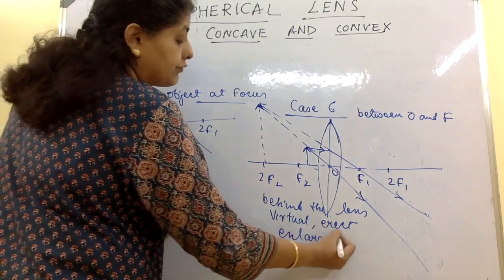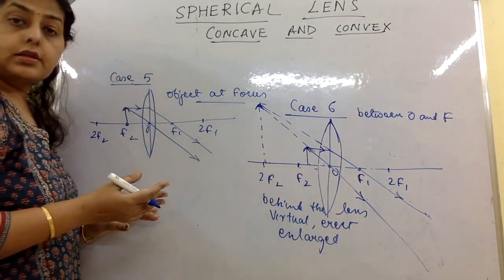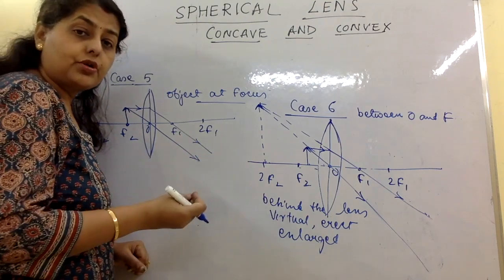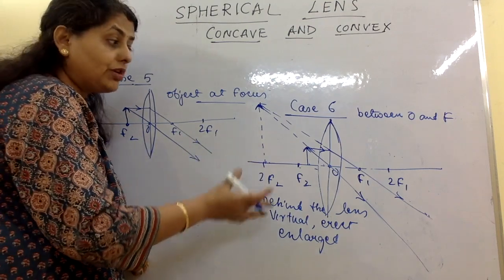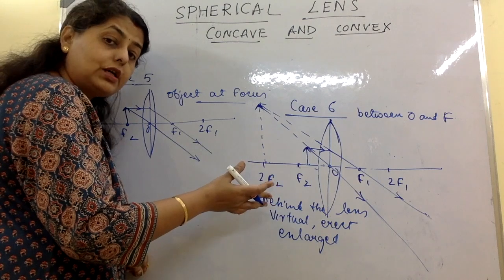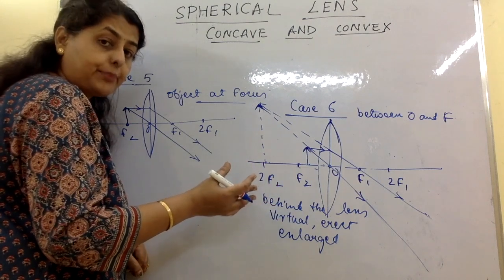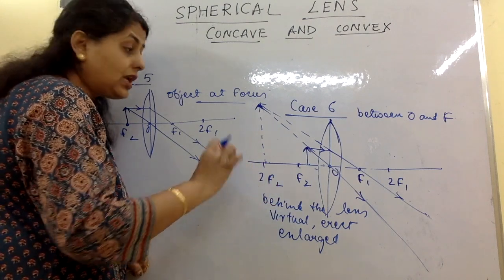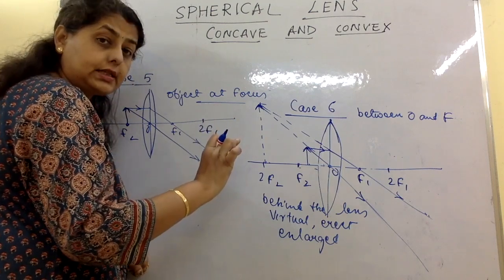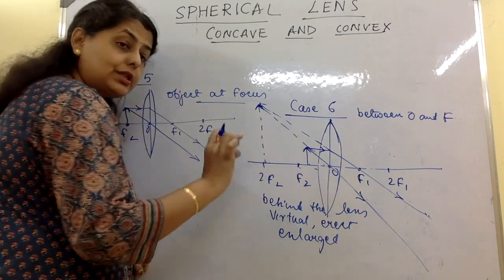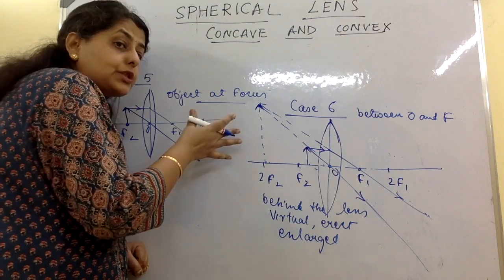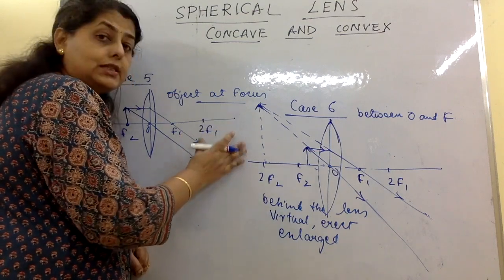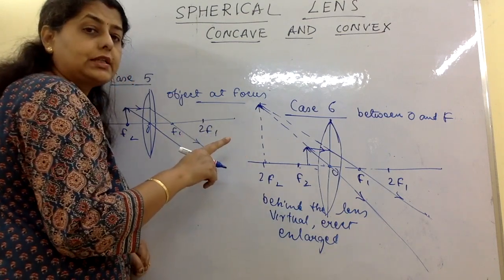Now can you tell me which diagram is it? You can post in the comment box where we use this case of a convex lens, and what the object is in this case, and which case I am drawing this diagram for.